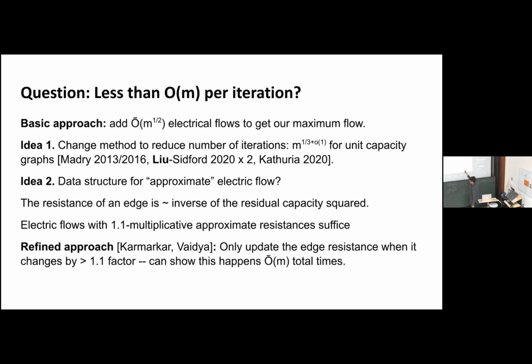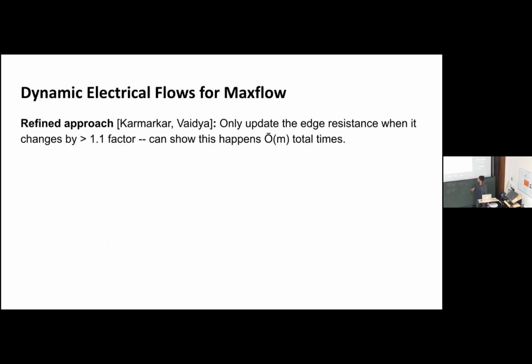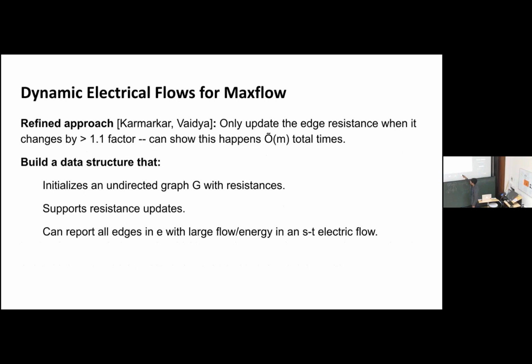So the refined approach along these lines is, what if we only update the edge resistances that we're trying to understand when they change by a 1.1 factor? And this only happens O of m total times. And additionally, on this graph where the resistances have changed very slowly over time, we want to dynamically maintain what are the new edges that change a lot and we must find.